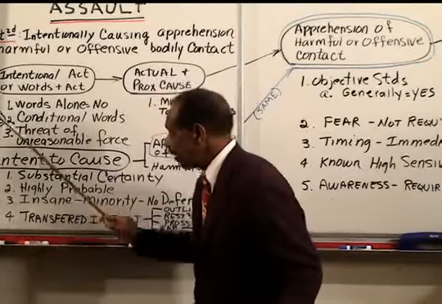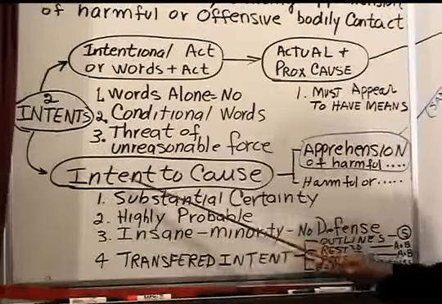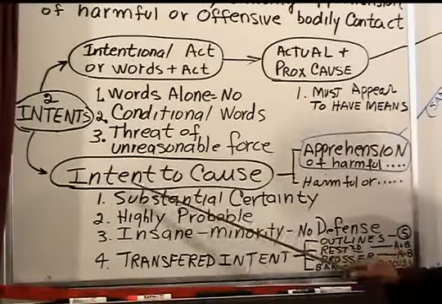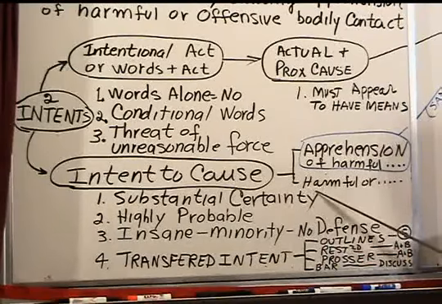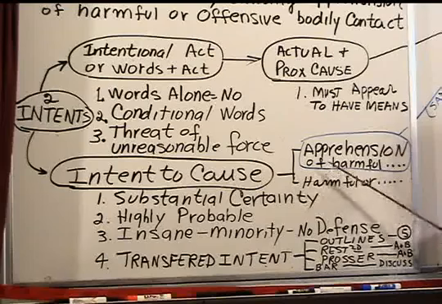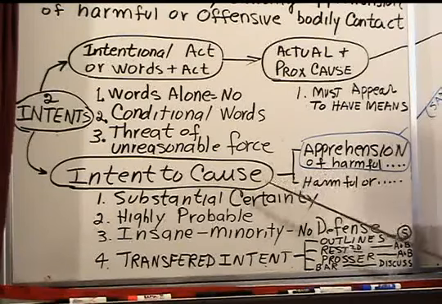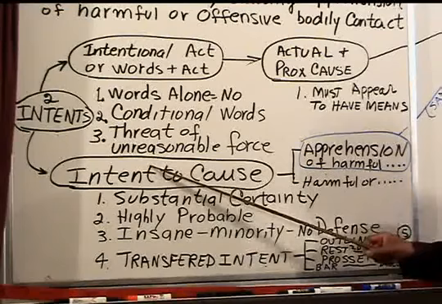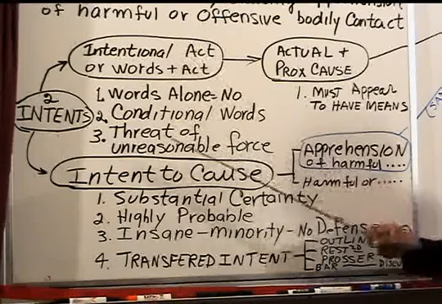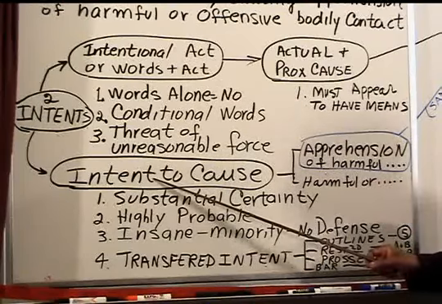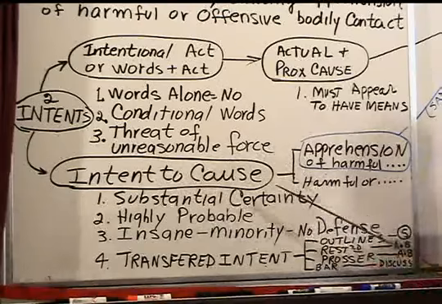Now the second state of mind required for assault is intent to cause that apprehension, or intent to touch, either way, the intent to actually touch them or to cause the apprehension. So the defendant needs to have two states of mind: intent to do the bodily act and intent to cause the apprehension, or to actually touch.